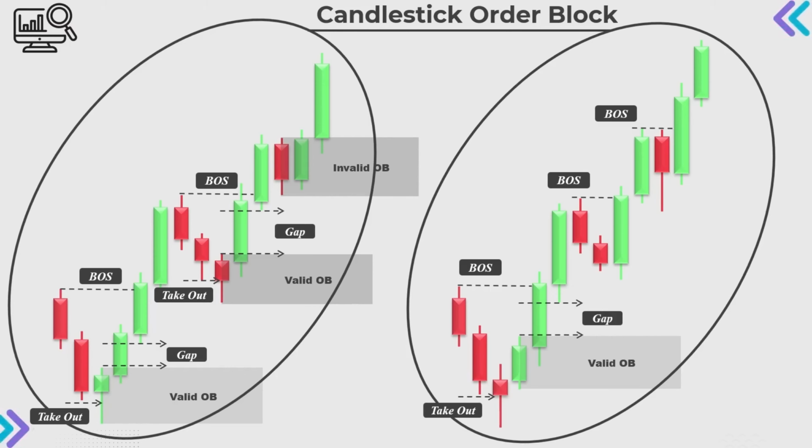When faced with scenarios like this, where the price has taken out the liquidity from the previous candle, but the order block is mitigated, or when the price fails to create an efficiency, we designate the subsequent candlestick as the valid order block. In this case, we identify this bullish candle as the valid order block instead of the previous selling candle. This decision is based on the fact that the price generated a proper inefficiency or imbalance immediately following the bullish candle.